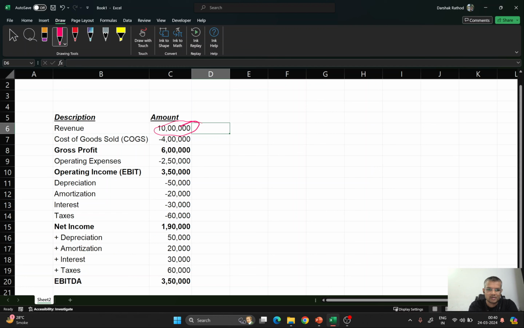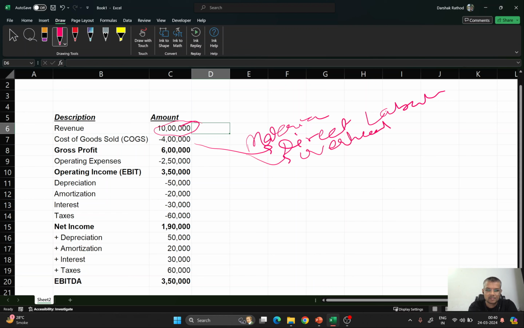If we deduct the cost of goods sold, basically cost of goods sold is cost of material, direct labor and overhead. This is all included in the cost of goods sold. So basically, if we deduct all the direct expenses, then we will get the gross profit.